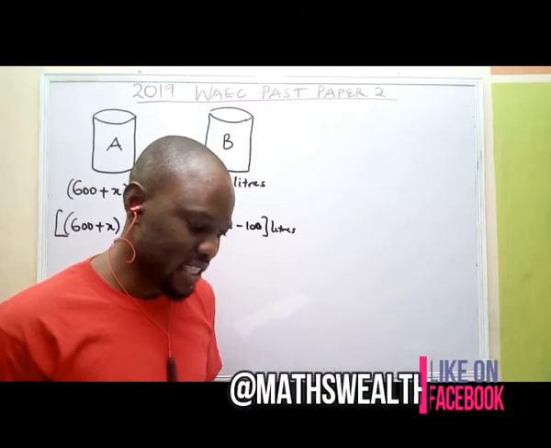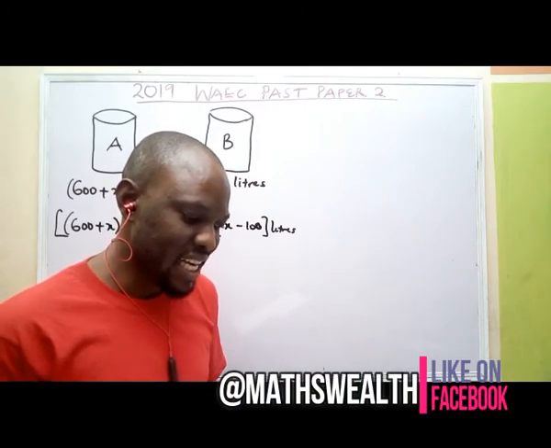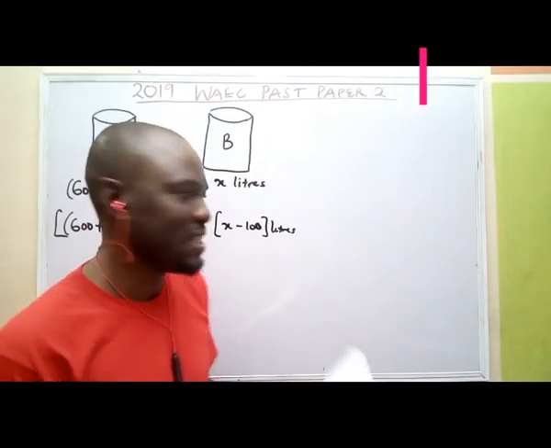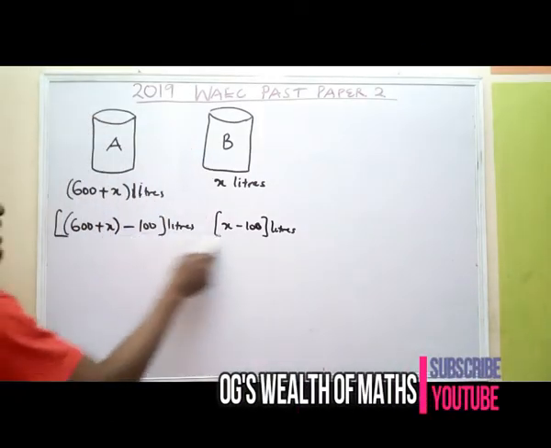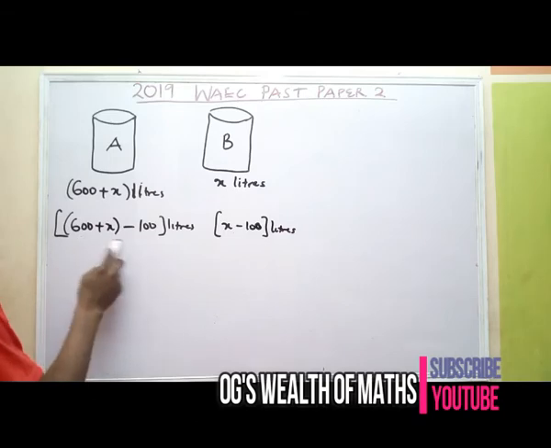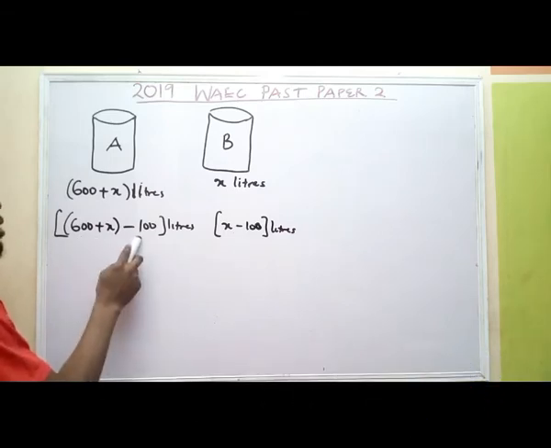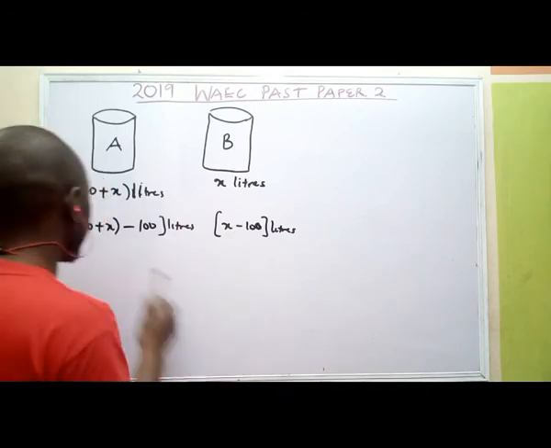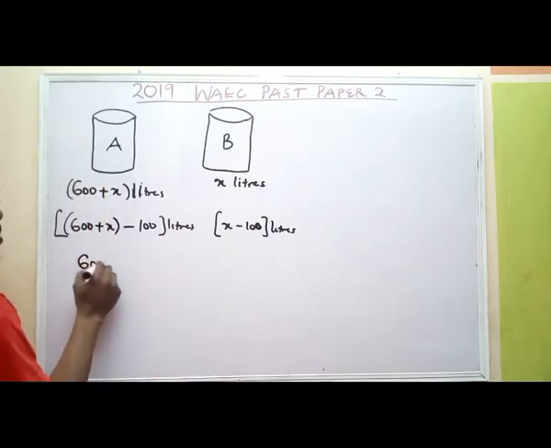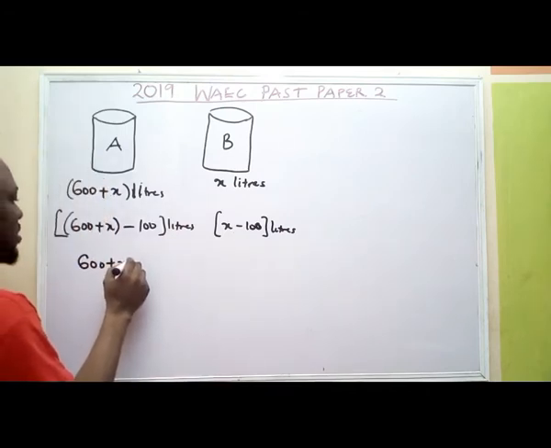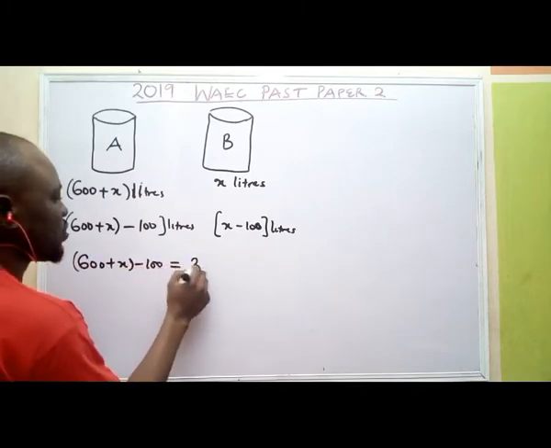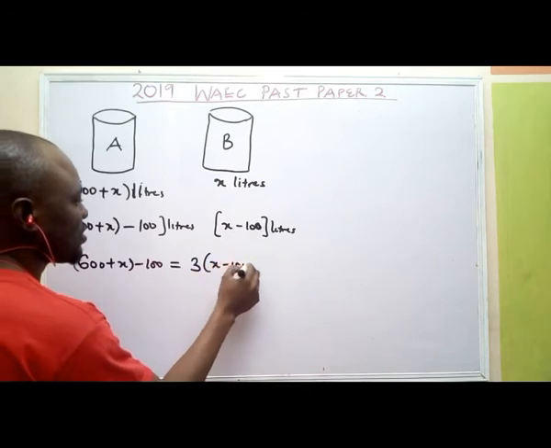The question now says that tank A would then contain 3 times as much as B. So the volume of tank A will be equal to 3 times as much as tank B. I'm going to write this expression: 600 plus X minus 100 equals 3 into bracket X minus 100.